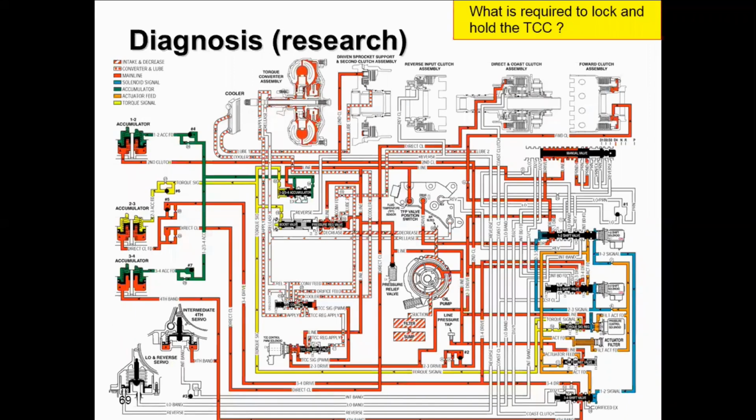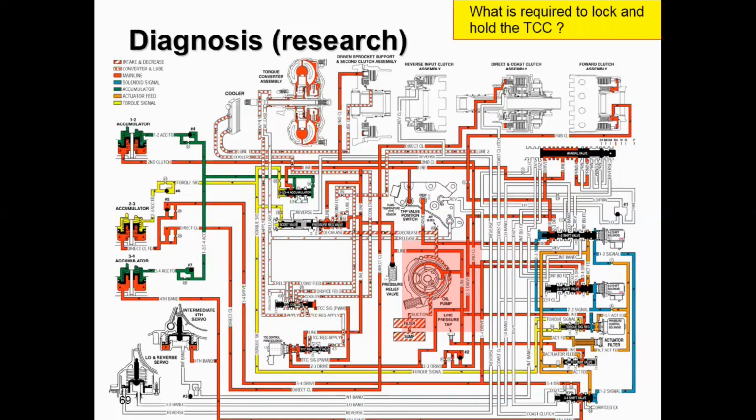Now, General Motors provides these hydraulic diagrams so that you can try and trace where the problems are. Just as a quick aside, I put this in here kind of tongue-in-cheek, because nobody that I know of really uses these diagrams when it comes to diagnosing transmissions.